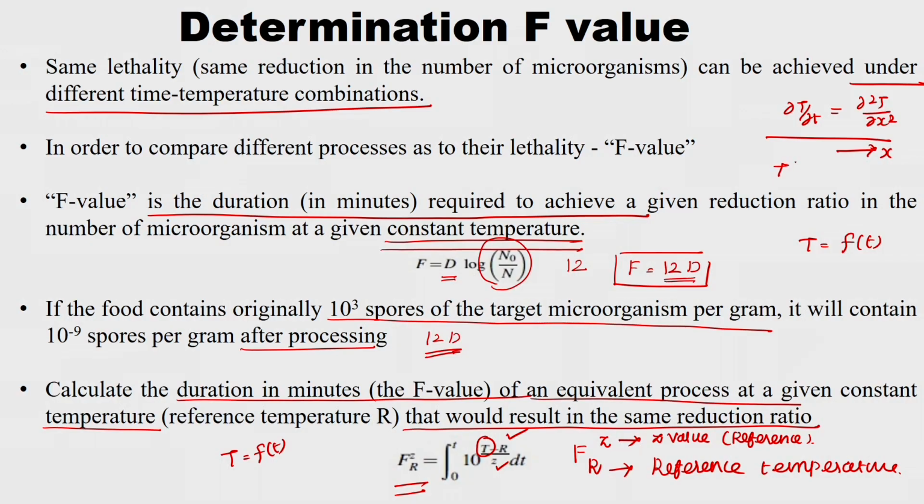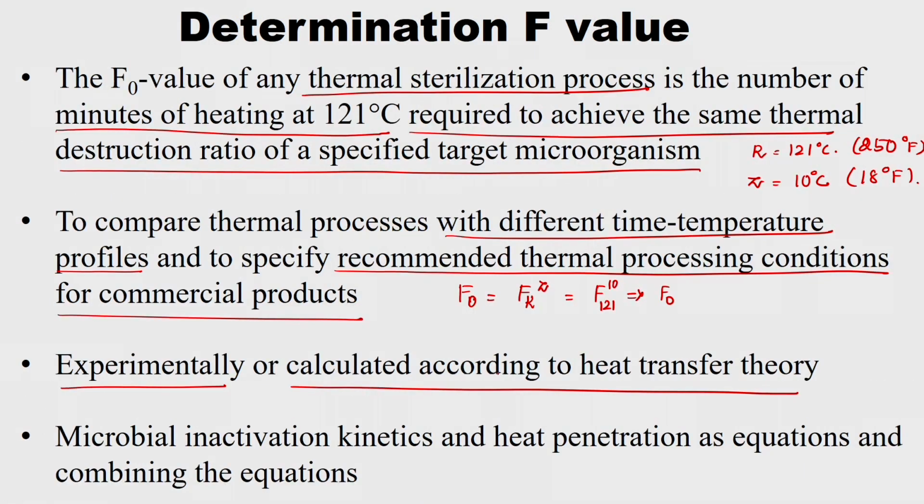So, this will give me how the conduction happens as a function of time, right. Any temperature as a function of time I would substitute here and calculate this integral. So, that is calculated according to heat transfer theory. If I could solve the equation and get T of t, then that will also serve my purpose. Just as we calculated the number of spores at different times, in that way also I can calculate temperature at different times, and I can calculate the value. So, this is called the general method.